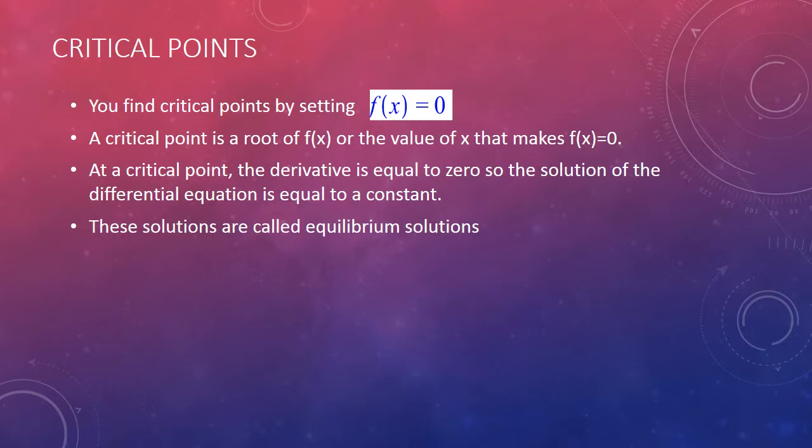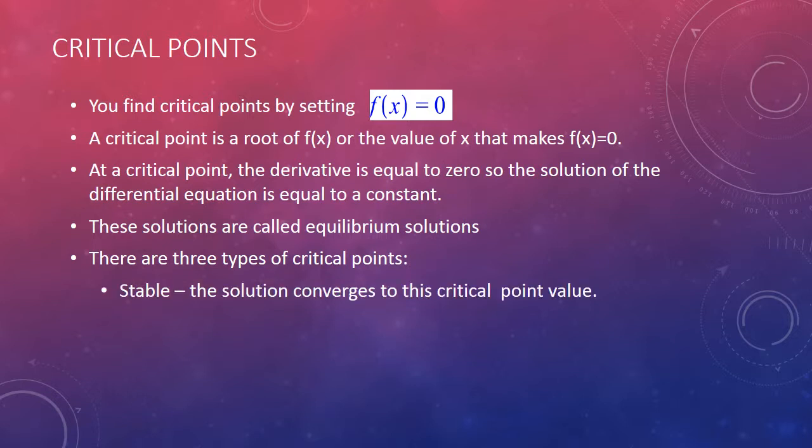So these solutions that happen with differential equations, the x's or critical points that make our function f of x equal to 0, are called equilibrium solutions. And there are three types of these critical points. There's one called a stable critical point. On either side of this point, the solutions converge to the critical point value.